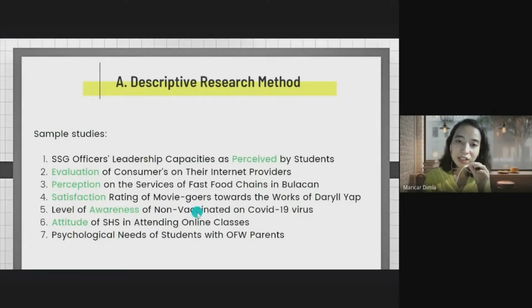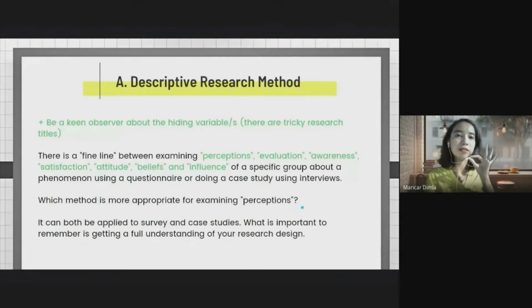Alright. So class, I want to delineate this part. Baka kasi pag nagkahiwalay-walay tayo, sinungaling si Ma'am Kang, mali sinasabi ni Ma'am Kang. Kasi class, you'll be encountering sample studies na based din with the perception, evaluation, level of awareness, satisfaction, the attitude, beliefs, and influences in a qualitative form, wherein instead of having a survey, nag-undergo sila with an in-depth interview, which is also considered correct, mga anak.